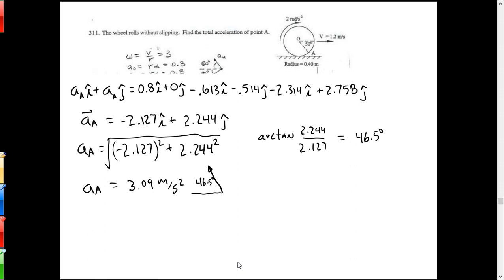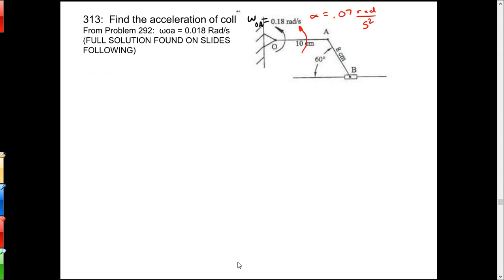Now the second one might be a little bit more complicated. It's that linkage problem again. I give you alpha, and then you can use omega from your previous run at the linkage problem. Actually, no, I'm sorry, this is a different linkage problem, but I give you omega for OA, and I also give it to you for AB.